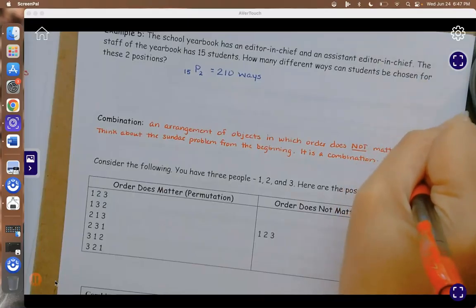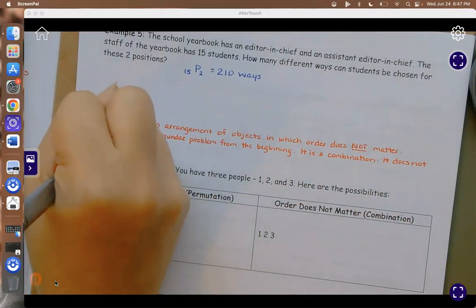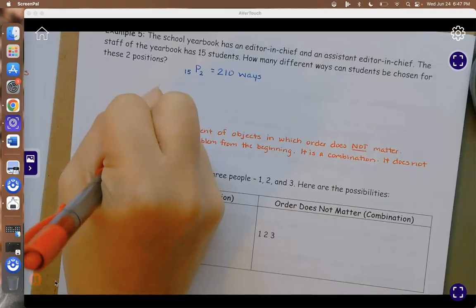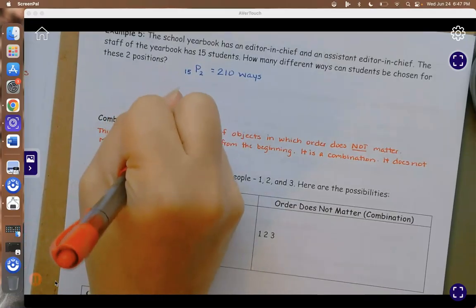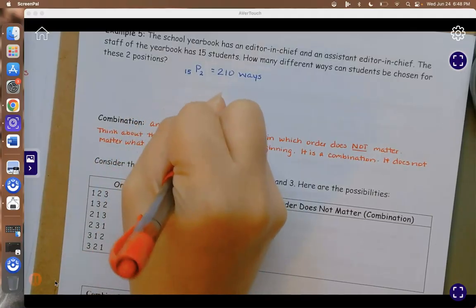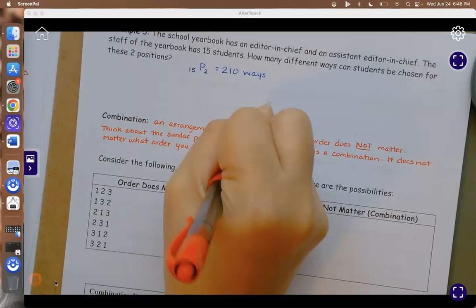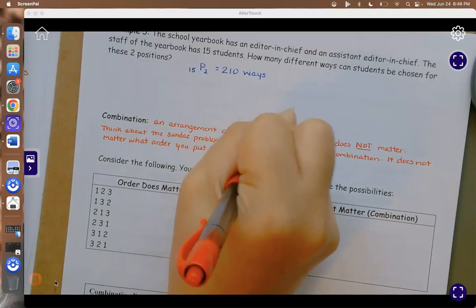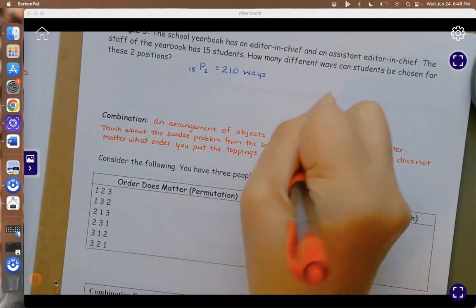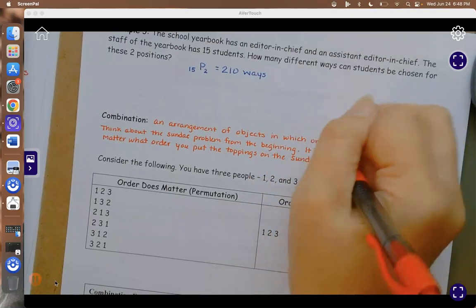It does not matter what order you put the toppings on the Sunday. It's the same Sunday.